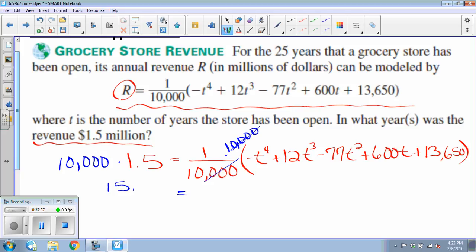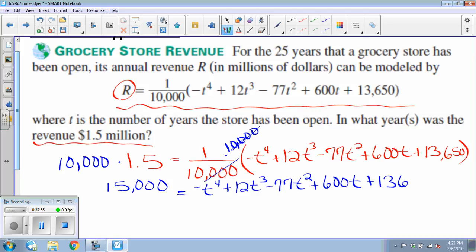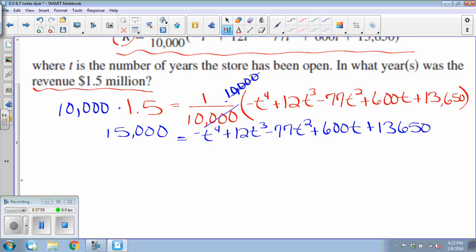So 15,000 equals negative t to the fourth plus 12t to the third minus 77t squared plus 600t plus 13,650. So we have to set it equal to 0. So that means I'm going to subtract 15,000 from both sides.